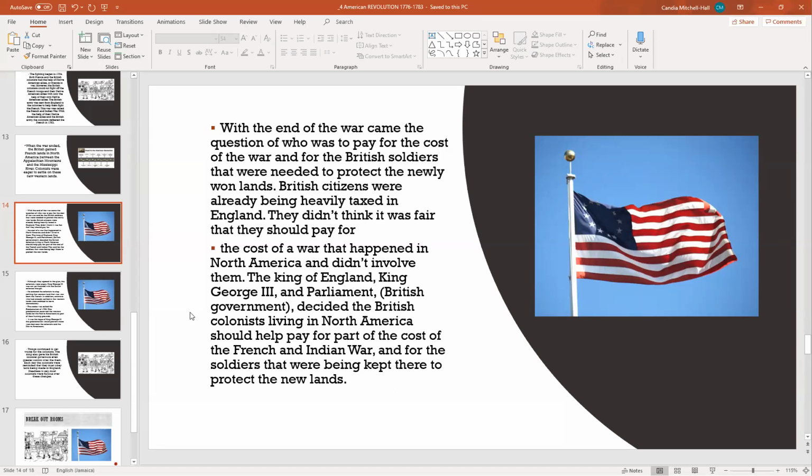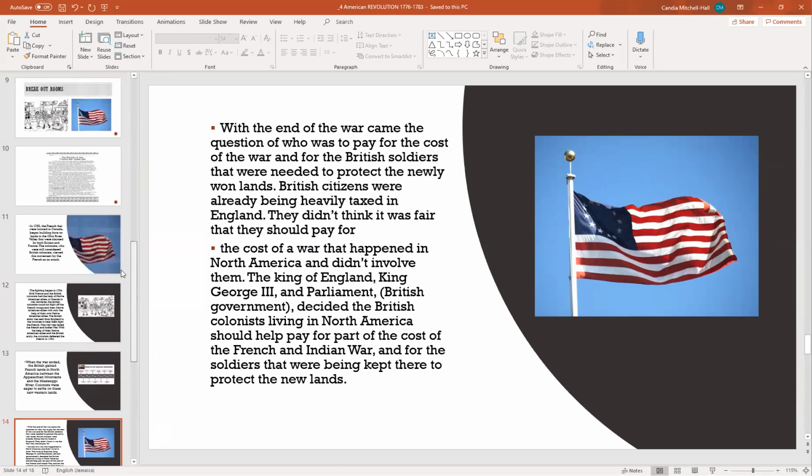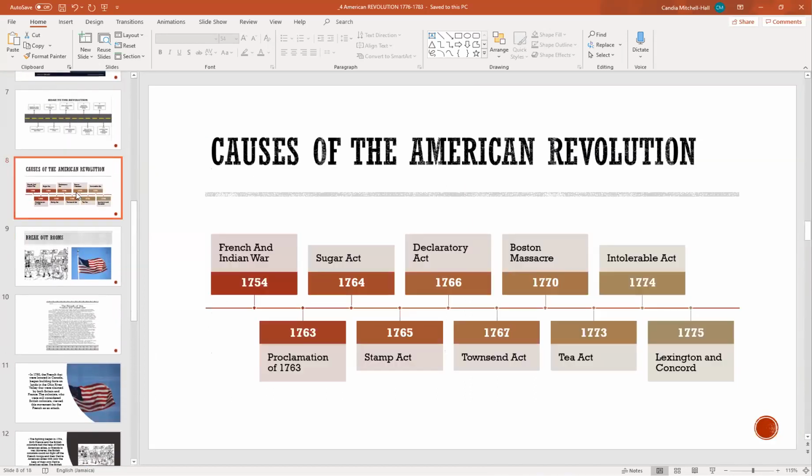And so we know for sure, ladies, that because this war was expensive, the British government is now going to say that you, the colonists, have to pay for the war that happened. And the colonists are going to say, no, we are not paying for it.